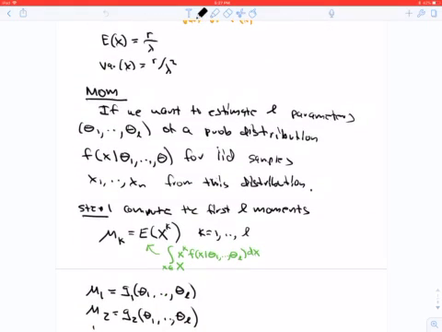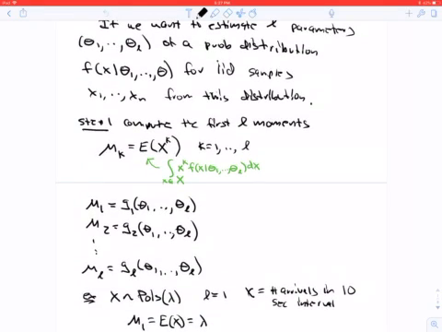So the method of moment estimator, or we will affectionately call it MOM, is computed as follows. We first start by computing the first L moments. So I'm assuming here that my estimator has L components.